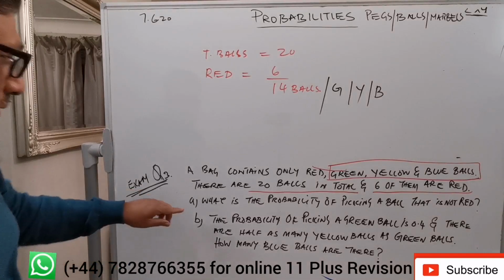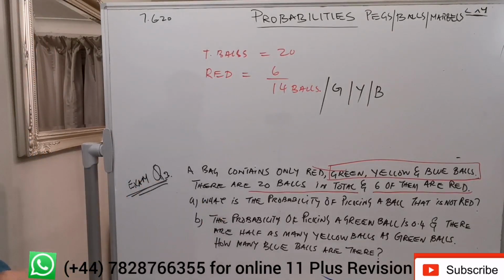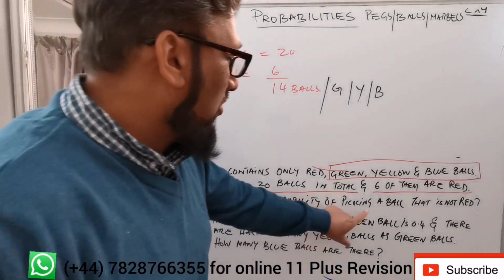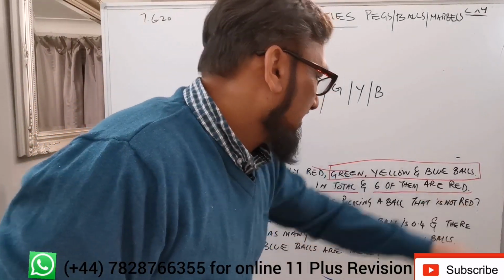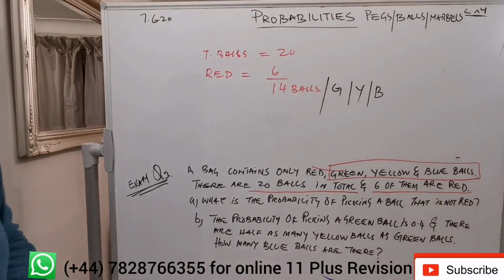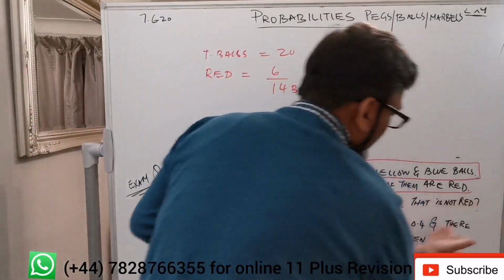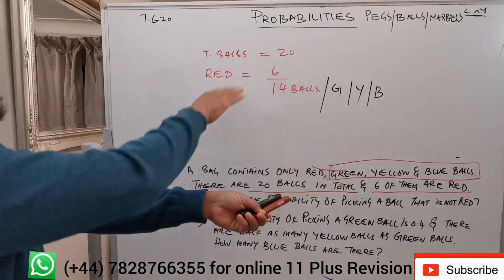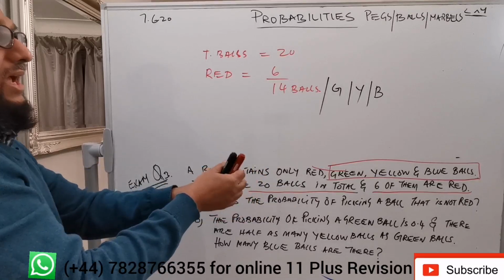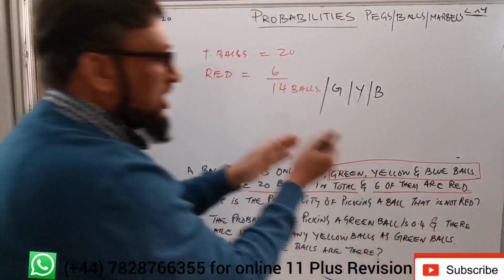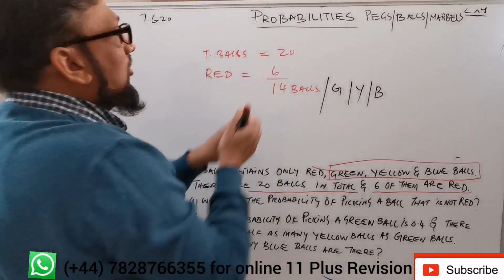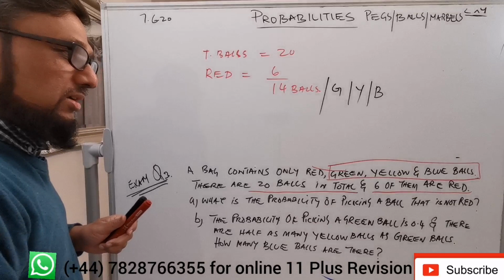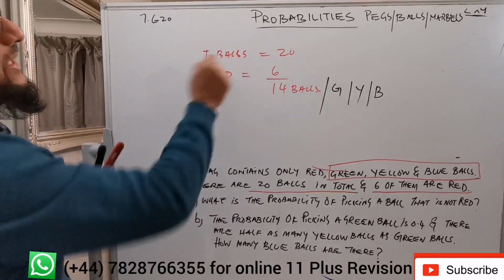So now move to the question. What is the probability of picking a ball that isn't red? So that isn't red means, okay, how many are red that they are giving you? As per my previous question, if it says that isn't red, it means the total number of balls to be subtracted by the balls that are red, which are 6.